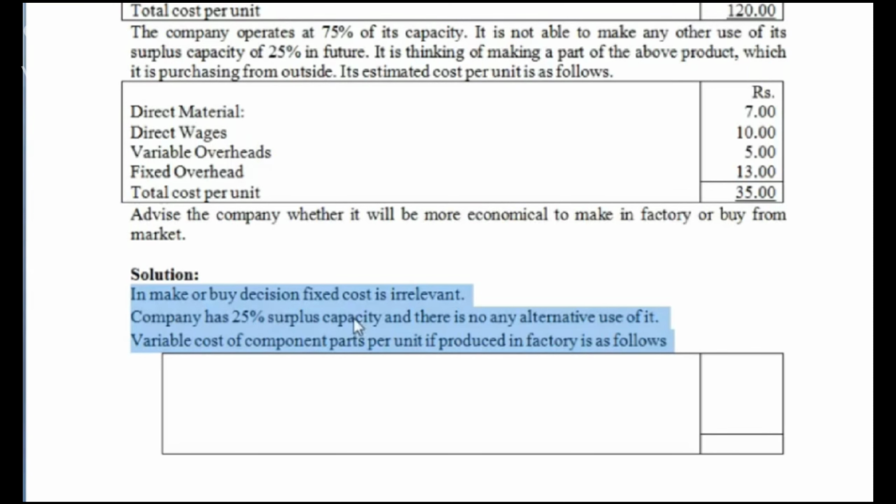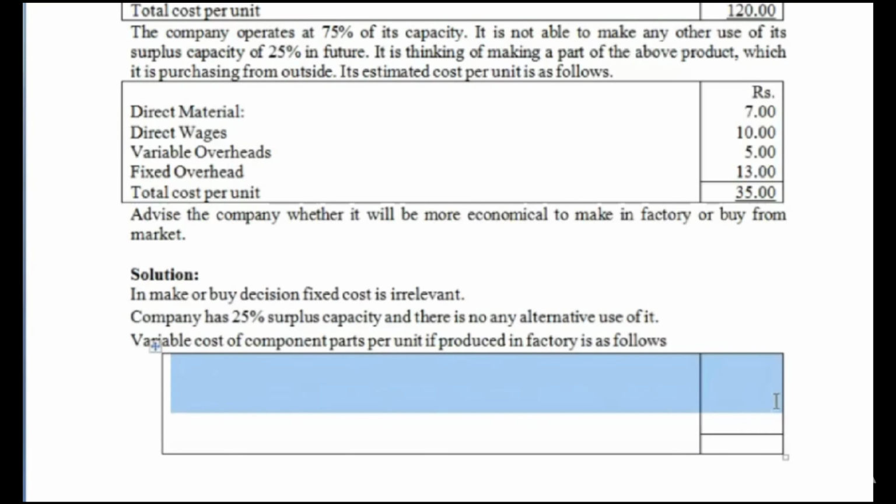First of all, in make or buy decision, fixed cost is irrelevant, as I told you, right? The company has 25% surplus capacity and there is no other alternative use of it. If you are manufacturing this component part in the factory, then the variable cost of that part is as follows.